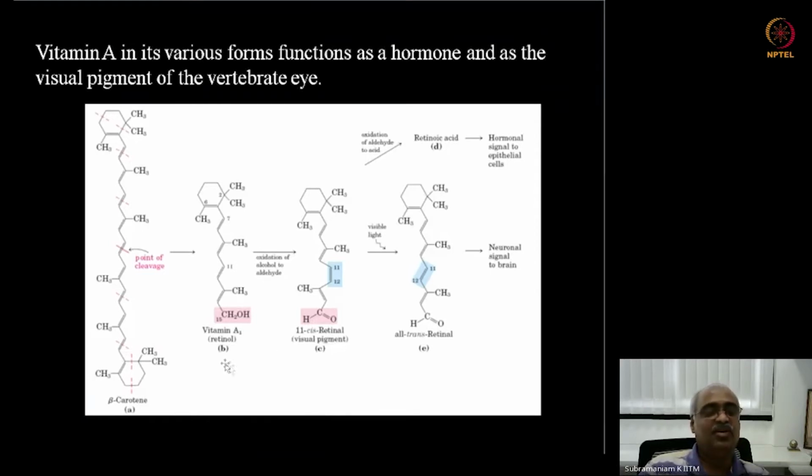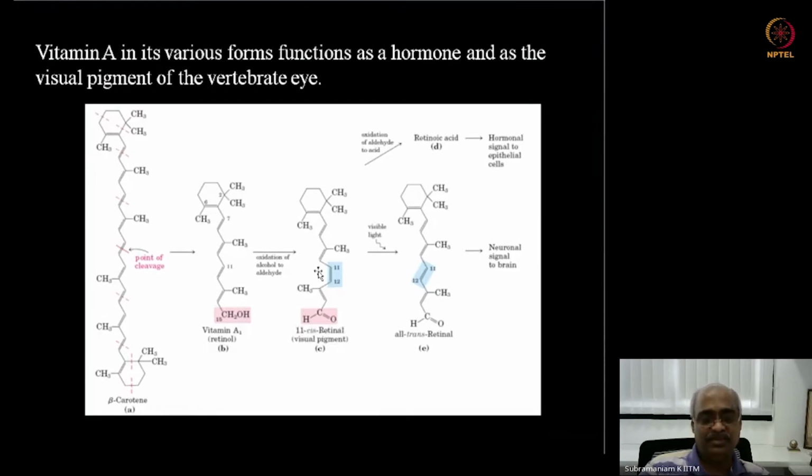Here this is the aldehyde functional group, and here you have a double bond shaded in blue. Here you have this group on this side of the carbon and this group on this side of the carbon, both on the same side. This is the 11th carbon, therefore it is 11-cis retinal.